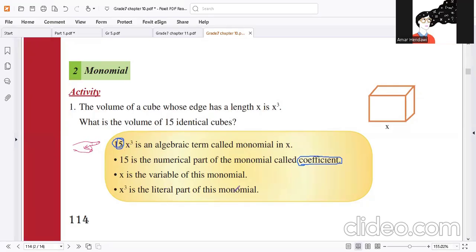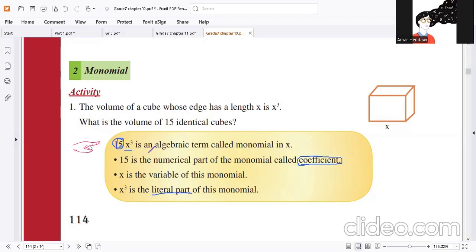X is the variable of this monomial, and x cubed is the literal part of this monomial. So the number is the coefficient, and the letter is the literal part of the monomial. Monomial means it has letters.